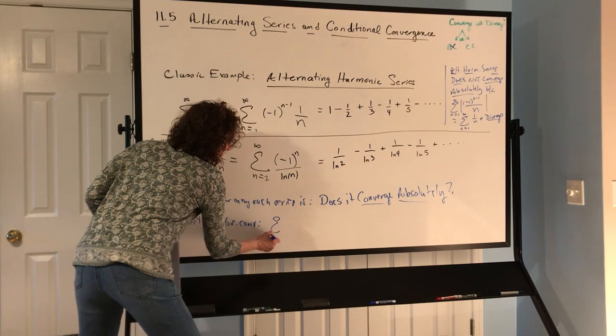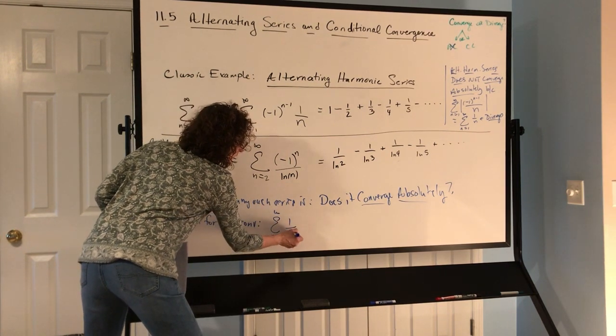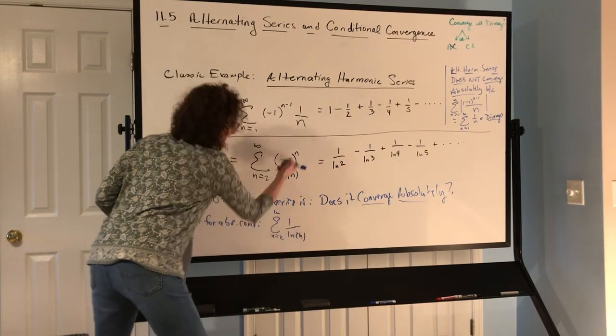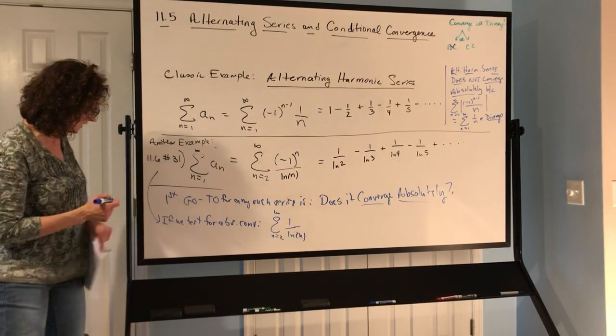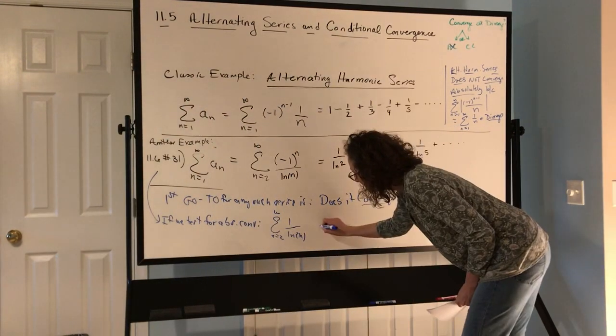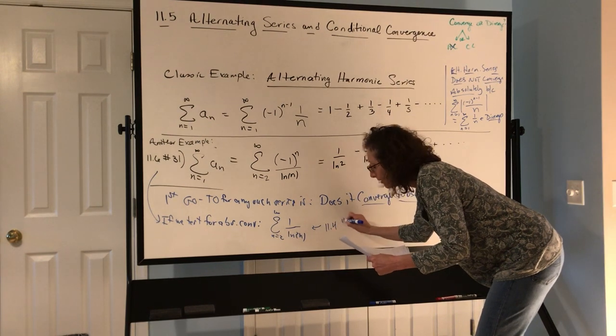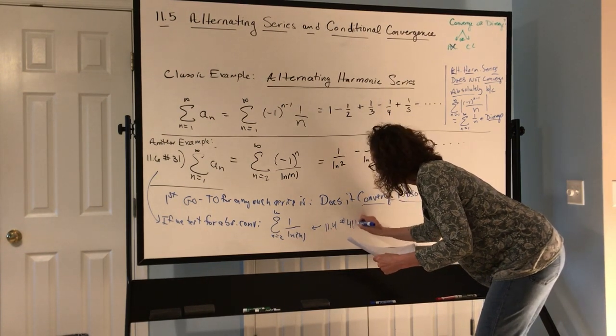We'd be looking at the series sum n equals 2 to infinity of just 1 over the natural log of n. Yeah, that guy would just be positive if we're going to test for absolute convergence. And what happens? This is actually section 11.4, number 41b.